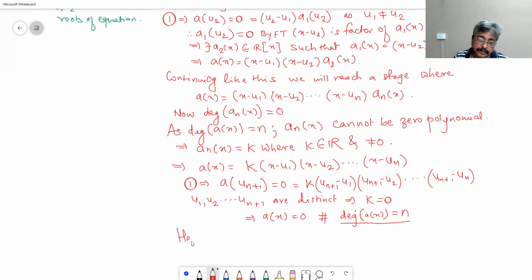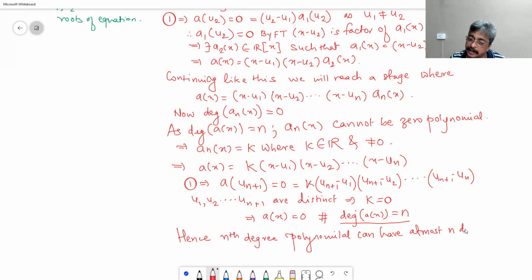Hence, an nth degree polynomial can have at most n distinct roots.